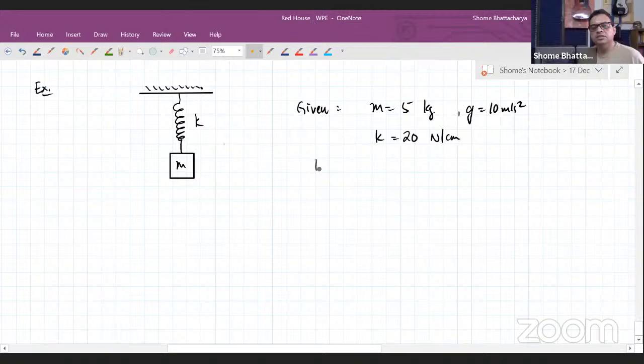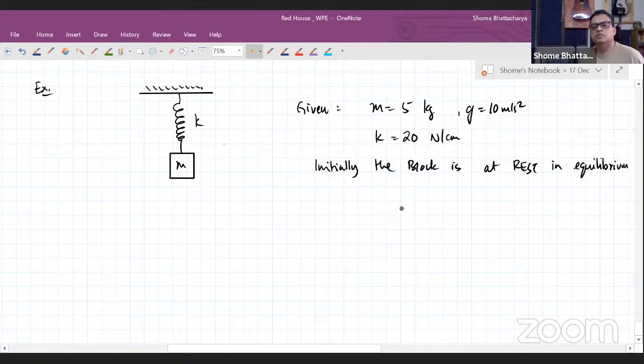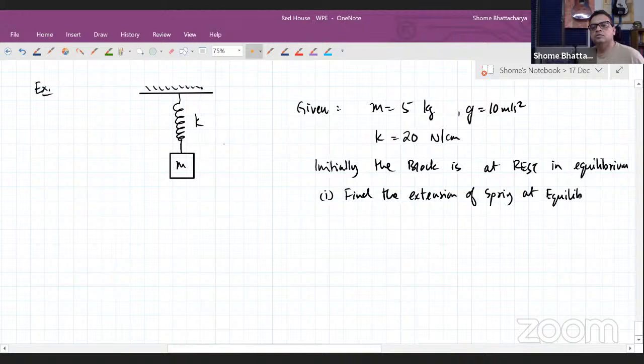Okay. Now initially the block is at rest in equilibrium. Okay, so the first thing we'll do here is find the extension of the spring at equilibrium, for the block.